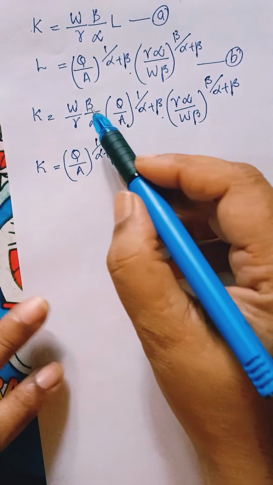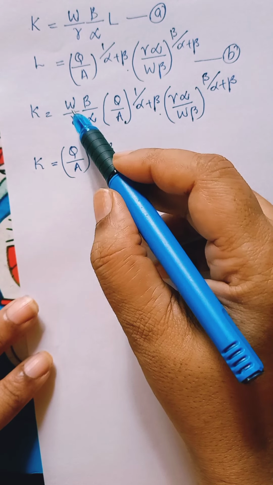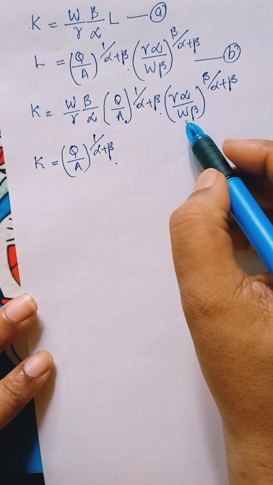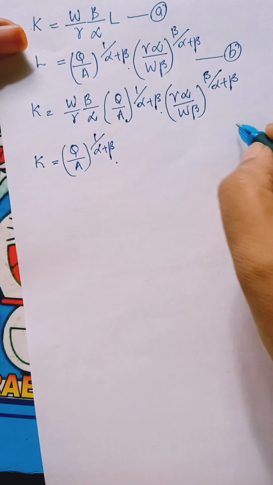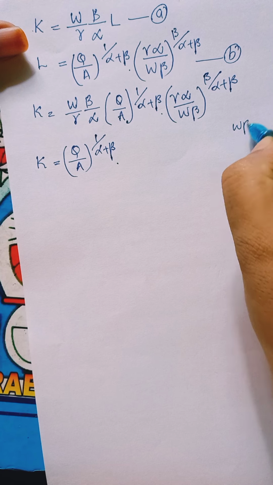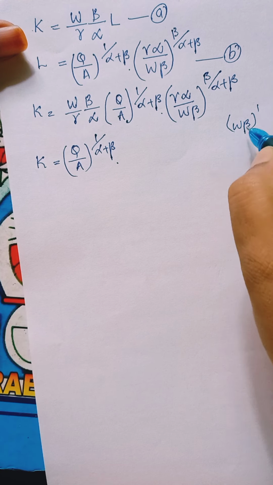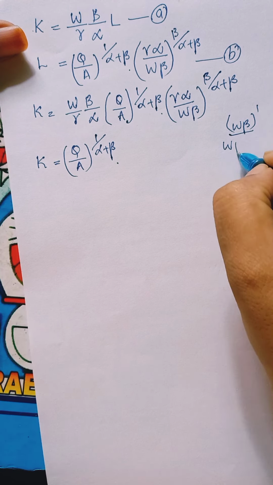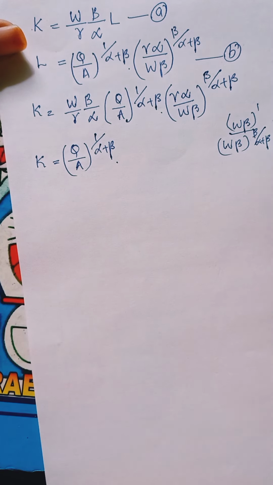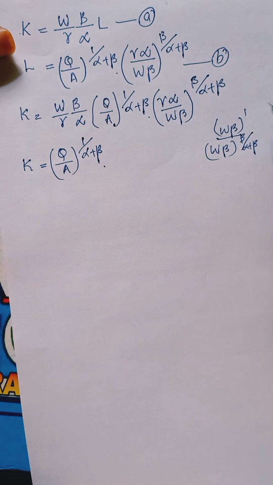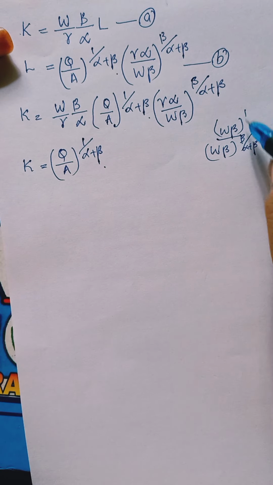Then here W beta is in the numerator. Here also we can find a W beta in the denominator. By solving these two terms, that is W beta raised to 1 divided by W beta whole raised to beta by alpha plus beta, we take the LCM, that is 1 minus beta by alpha plus beta, and it will become alpha plus beta minus beta.